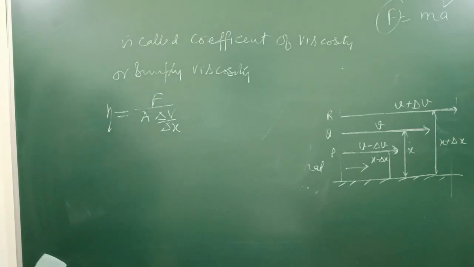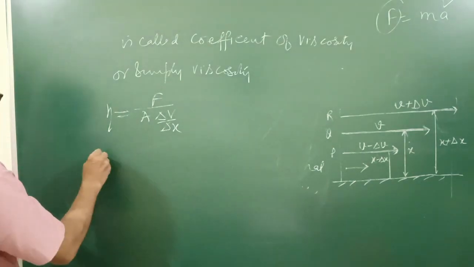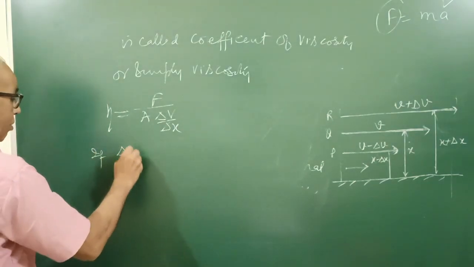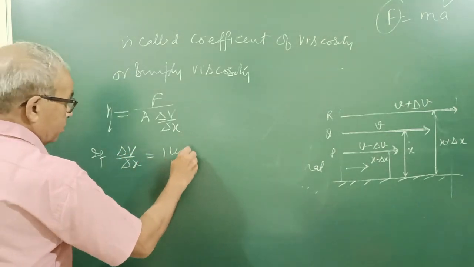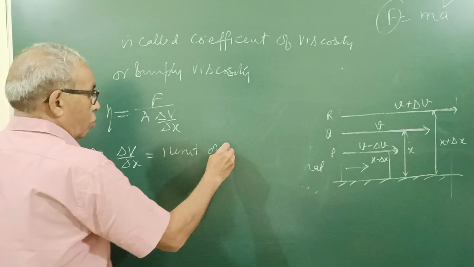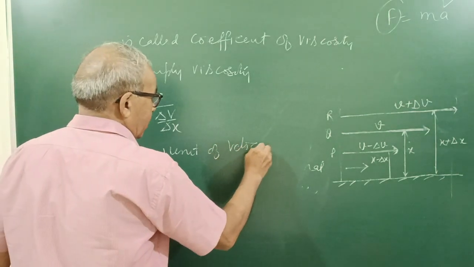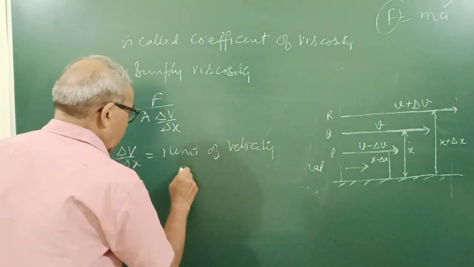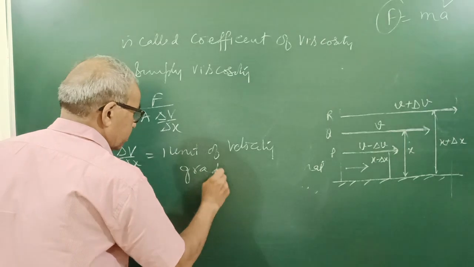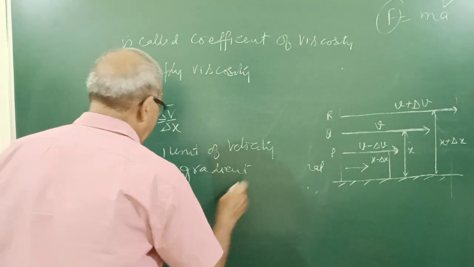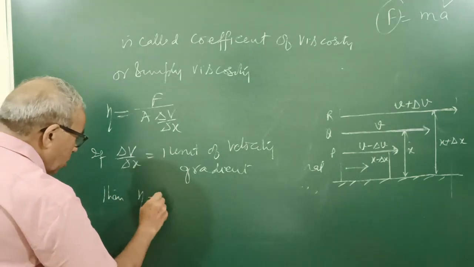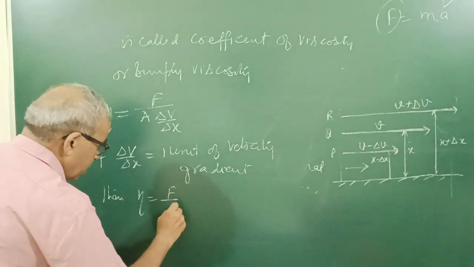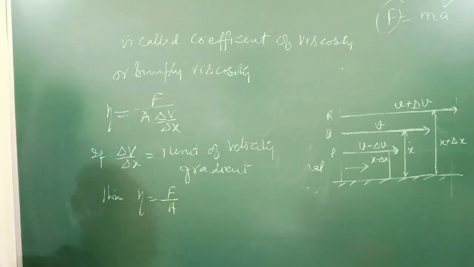Now what is this? If delta V upon delta x is 1 unit of velocity gradient, then eta is equal to F upon A. Dear students, this is eta.